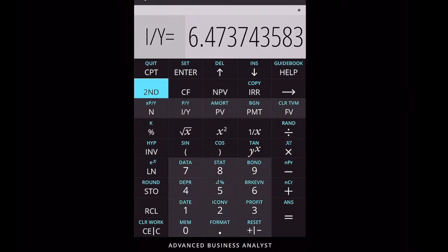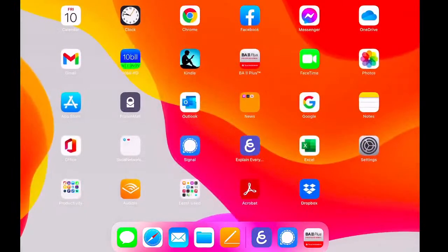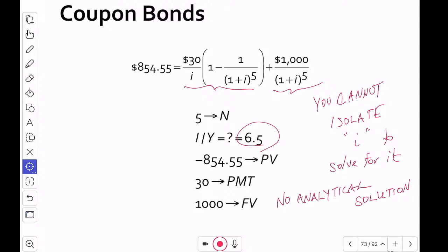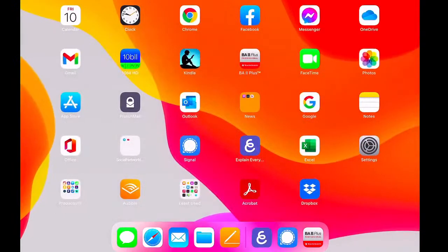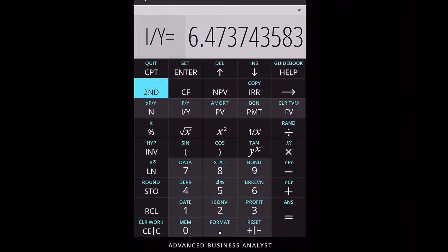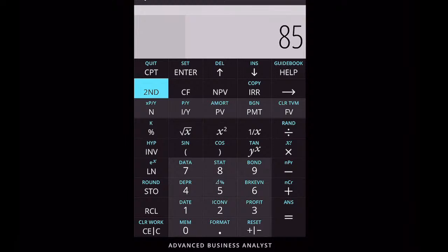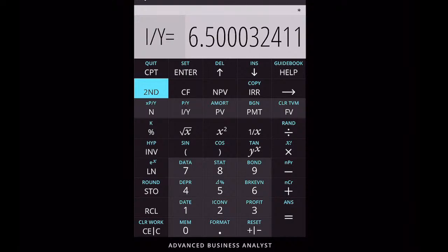Oh, I did something wrong. I think my PV was wrong. Let's do that again. PV is 854.55. Oh, wow, off by a penny. Let's do that. 854.55 negative PV. Now, compute I. There's the answer.